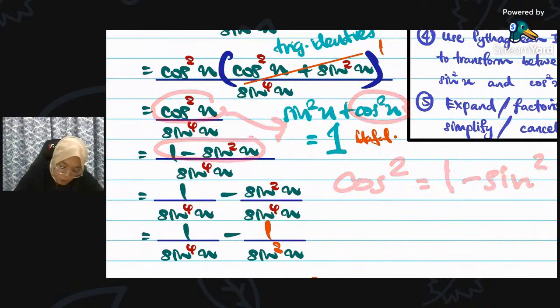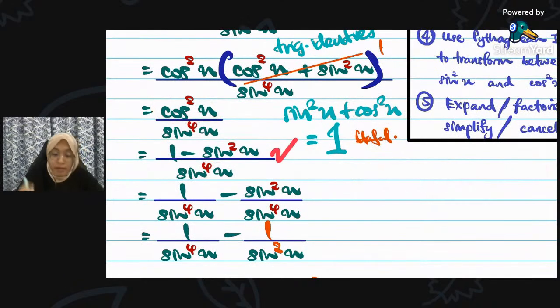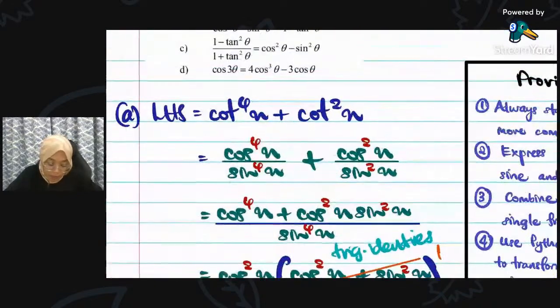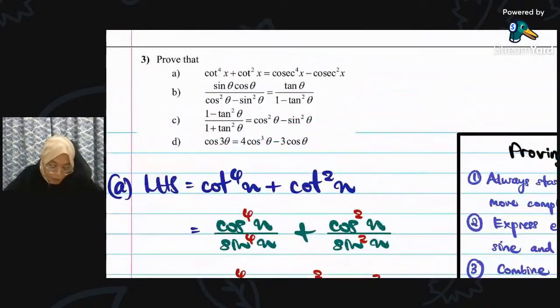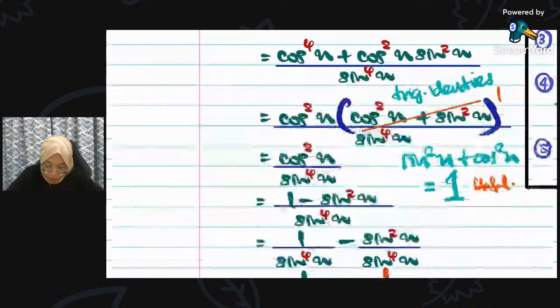So this is what I do here. Okay, 1 minus sine squared x. In the end, I split it into two terms, and then I tengok-tengok lah sambil-sambil tu I gotta check what I will expect in the end, okay? One of a cosecant, tapi cosecant adalah one of a sine, so I'm on the right track.